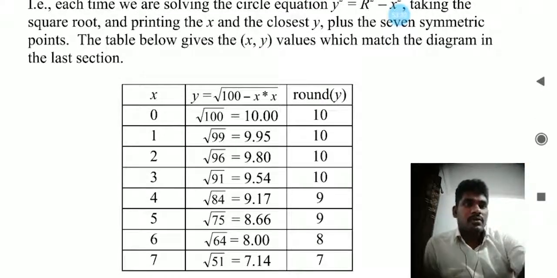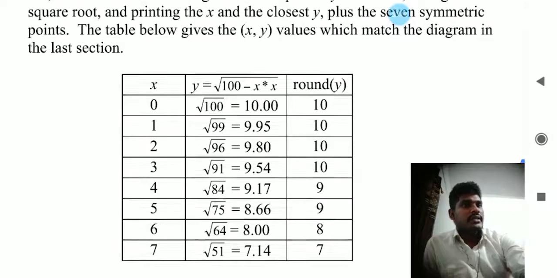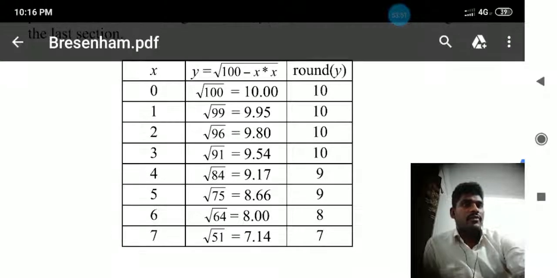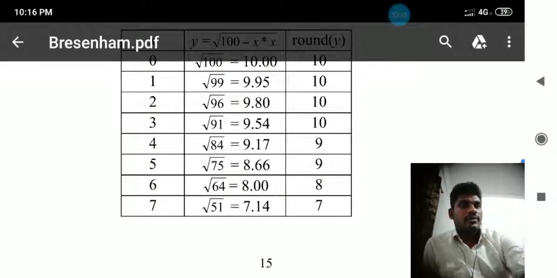Then substituting the values, x value is 2, r square 100 minus 4, 96, square root of 96, 9.8, round value 10. Then x increases to 3. So r square means 100 minus 9, 91, 9.54, 10 round value.